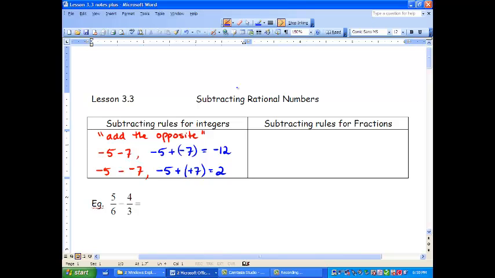Now what we need to do is shift our thinking into fractions. We need to add these rules for integers into fractions. So what else do we also need to take care of? We need a common denominator. And we need to turn mixed fractions into improper fractions.